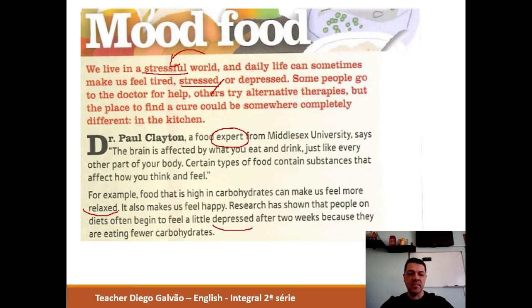And another idea. Remember, guys, the meaning of fewer. Why do you use fewer here? Because we're talking about carbohydrates, a countable word. As you have a countable word, you need to use fewer. If you had an uncountable word, you would use less. But it's not the case here.